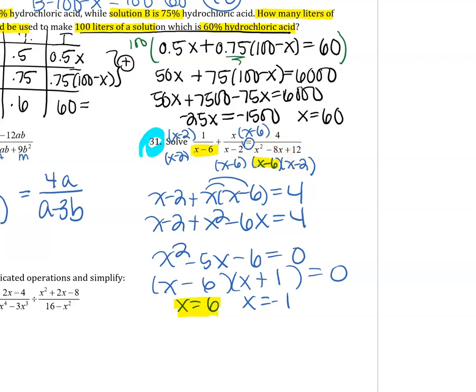So because that happens, I have to reject 6, and that's what's known as an extraneous solution. It's something that came about algebraically, but I have to reject because it causes the denominator to go to 0 and be undefined. Now, negative 1, no issues. If you plug it in, none of your denominators would go to 0. So therefore, x equals negative 1 is the answer to question 31.